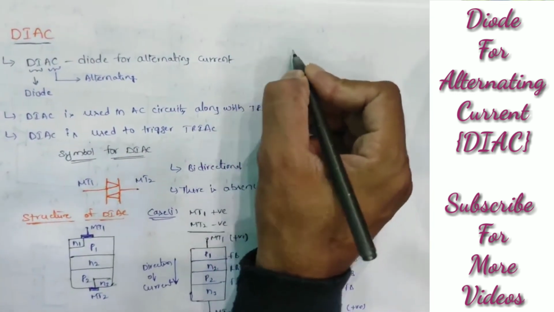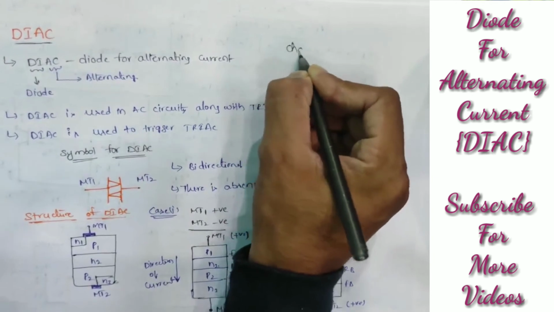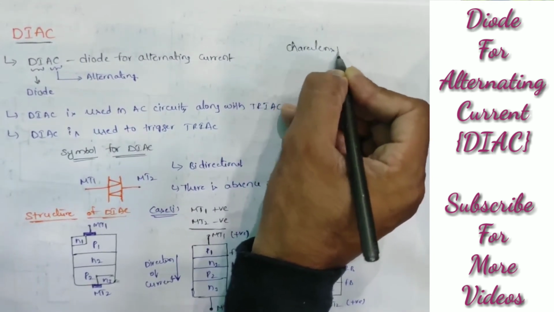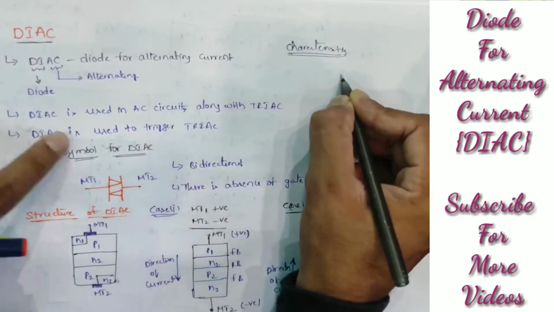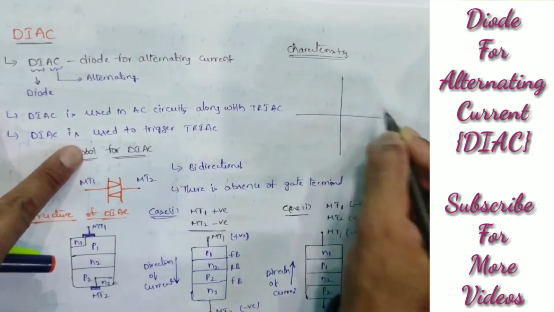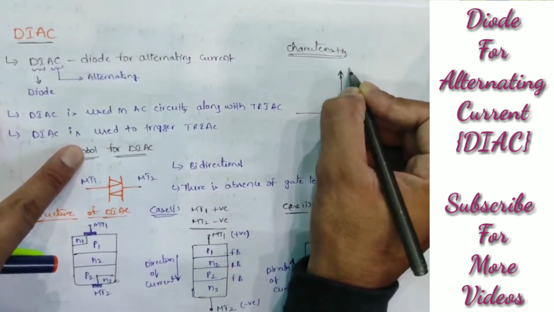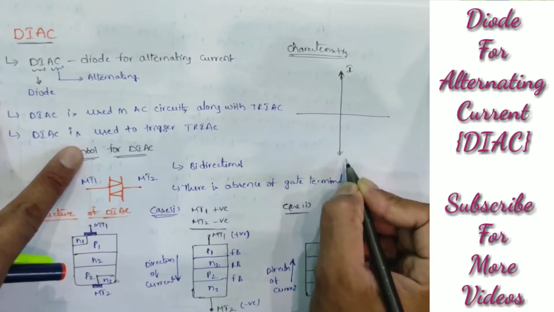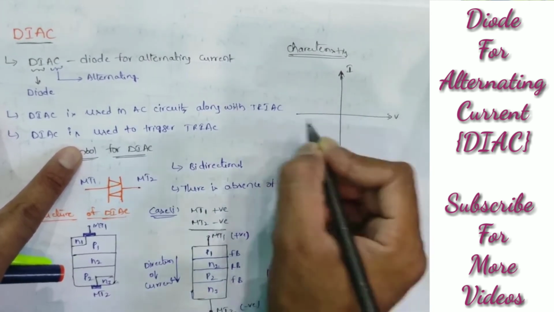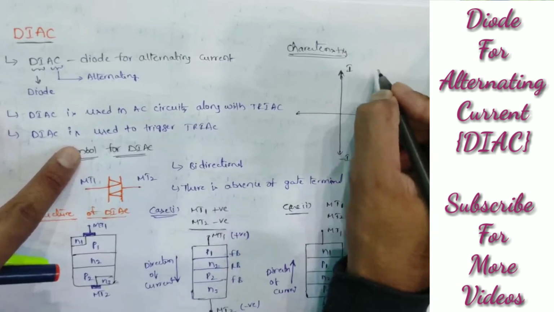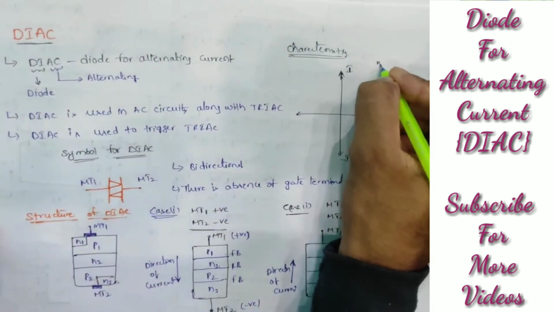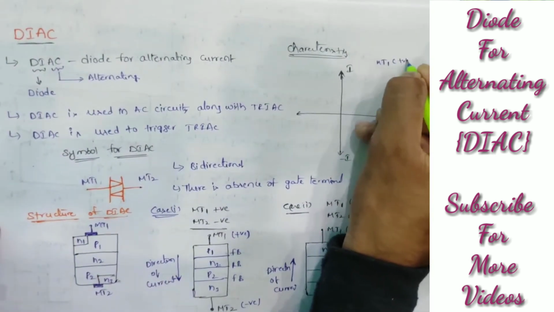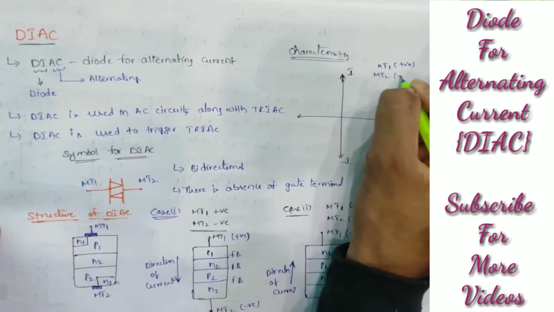Let us see the characteristics. The characteristics of the diac, characteristics meaning voltage to current. Here we are having current. This is negative current, here we are having voltage. At first MT1 is positive and MT2 is negative.